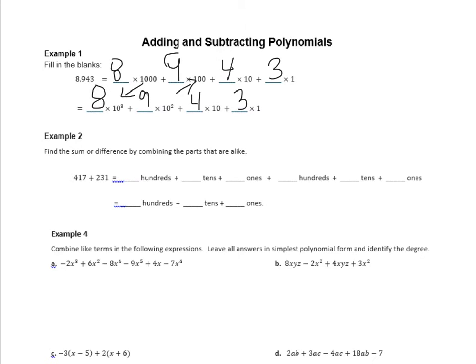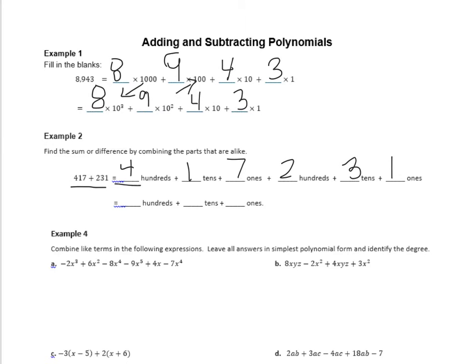Now to find the sum or difference, we combine the parts that are alike. So for example, 417 plus 231 would be 4 hundreds, 1 ten and 7 ones, added to 2 hundreds, 3 tens, and 1 one.